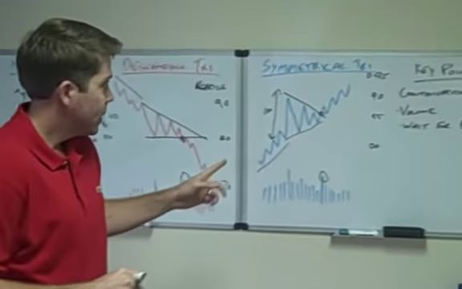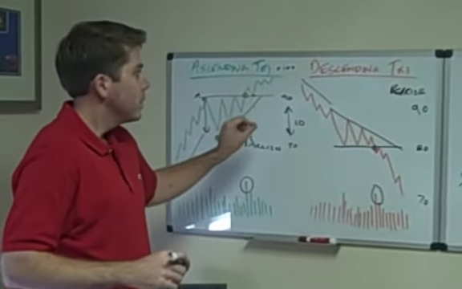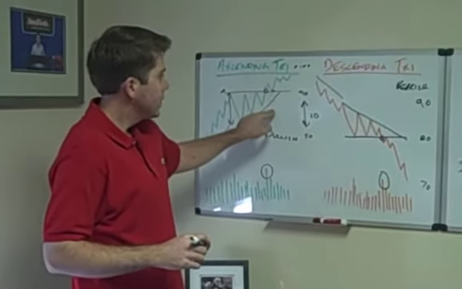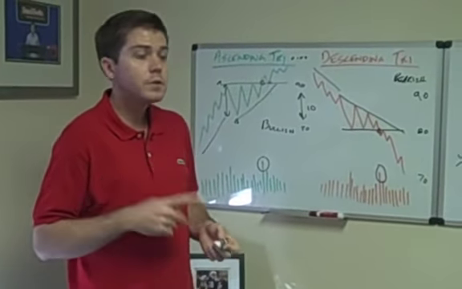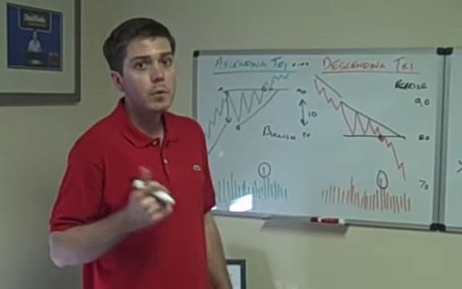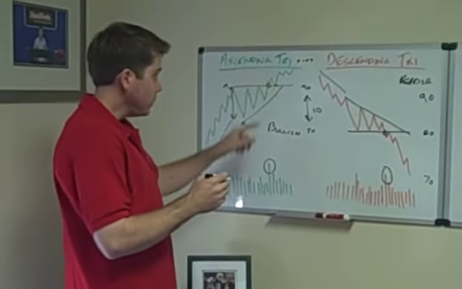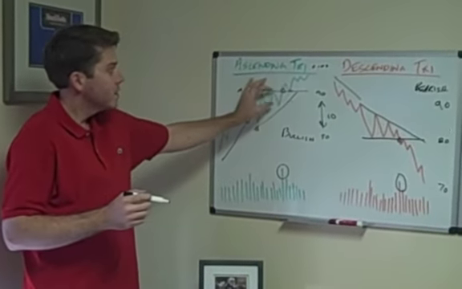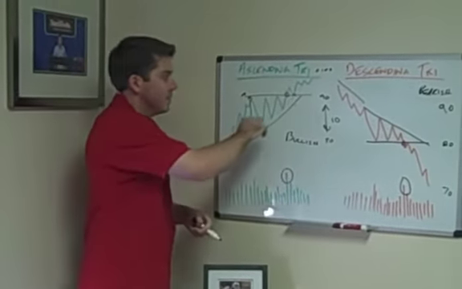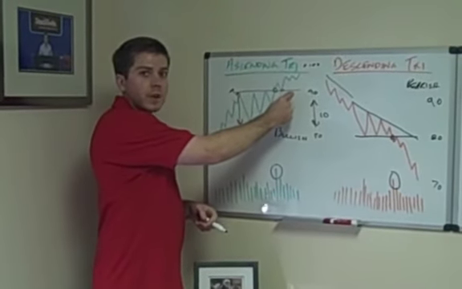Lastly, the last thing I want to talk about with these patterns is that you want to see the breakouts at either 3/4 or 2/3 completion of the triangle. Now what I mean by that is, you can see in this case the breakout took place about 3/4 of the way through the price action, to the nose of this triangle, if you will.